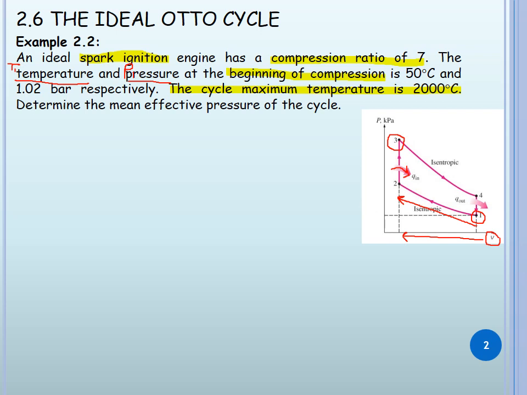We know that the highest pressure is at 3. The heat addition process occurs from 2 to 3, which means the combustion process occurs from 2 to 3. After combustion, the pressure is highest. When the pressure is high, the temperature is also high, and therefore the maximum temperature stated here is T3.